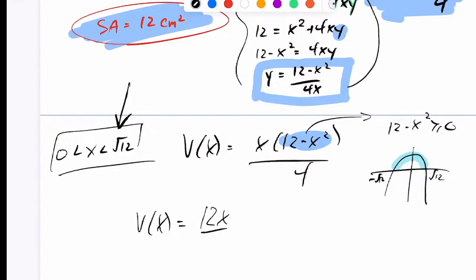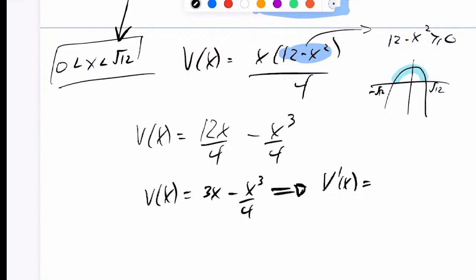So this is what, 12x over 4 minus x cubed over 4. And then you can go ahead and solve this one here.